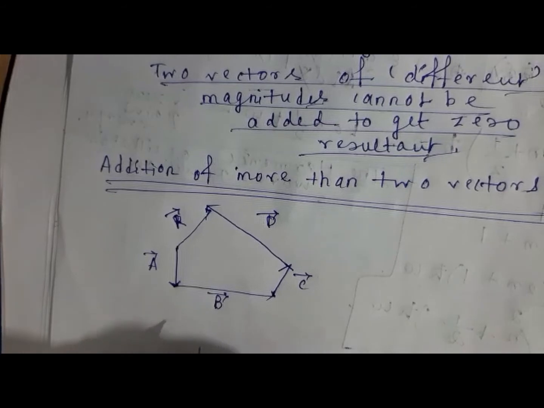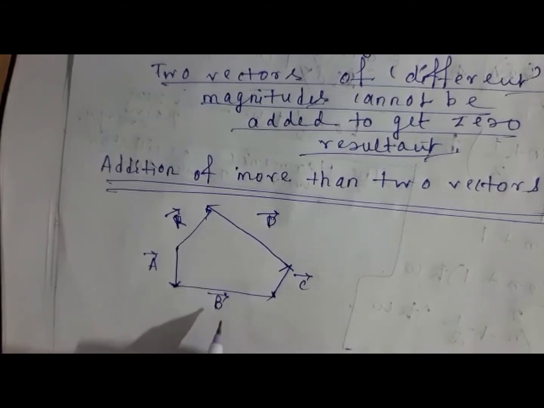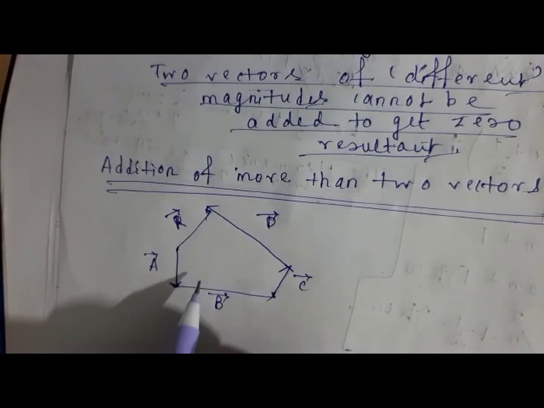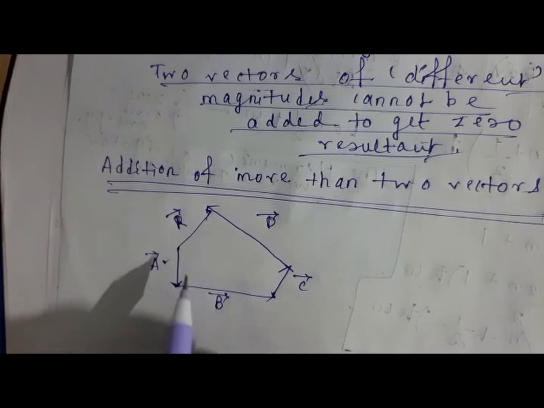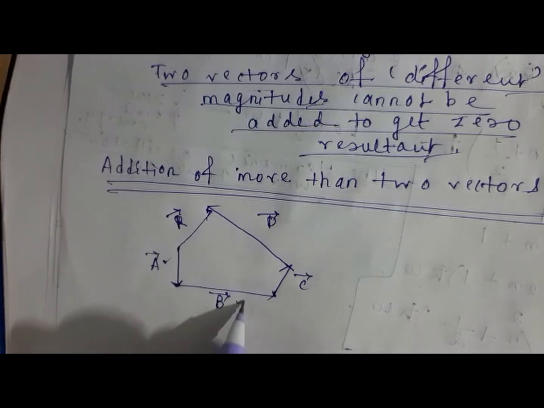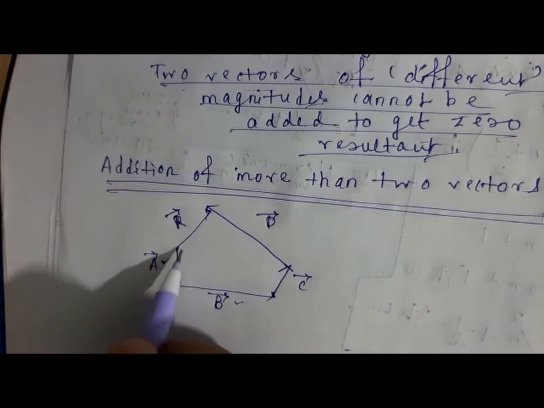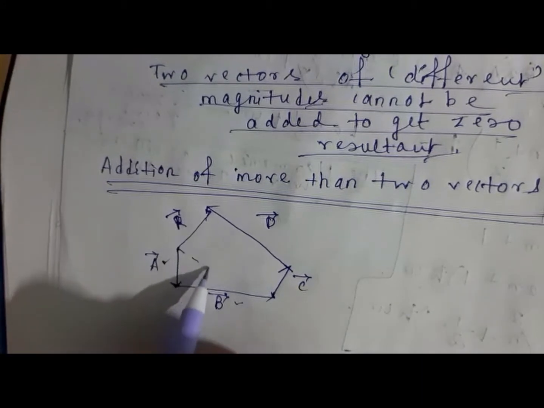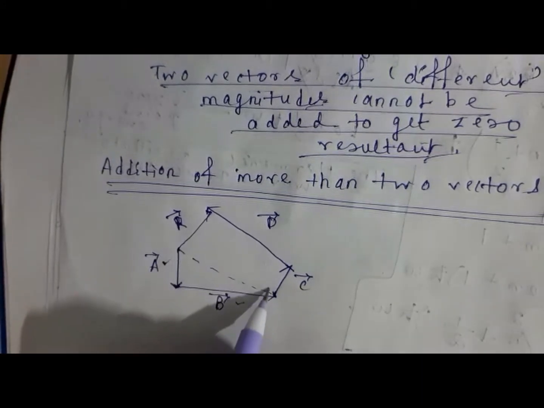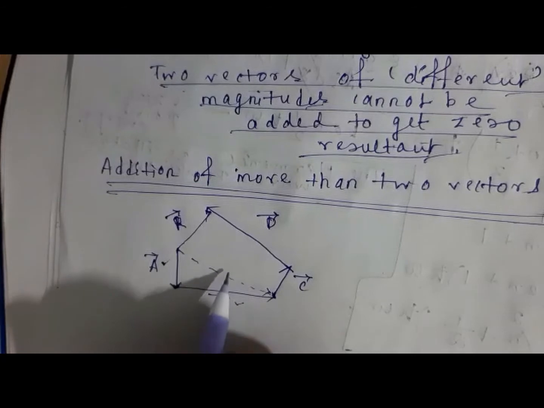Now you see, how you're going to find the sum of it. See, first you will add this A vector and B vector by the principle of the triangle law, the triangle law of vector addition, which you have read already.